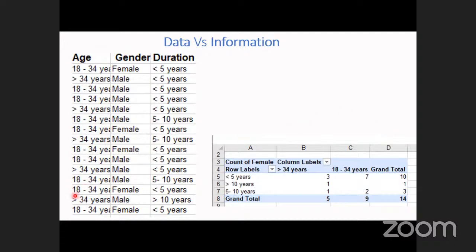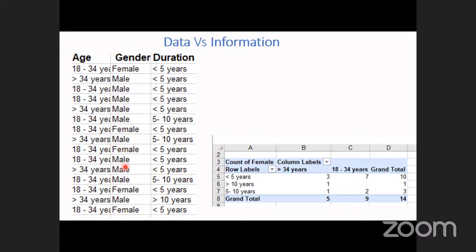If you look at these slides, what you will notice is that at this particular point, this is simply data. Because they're just giving us 18 to 35 years, 34 years and above, and so on. We can't really make out any meaning from that, right? But that's data. But when we're processing it, we should be able to have meaning.